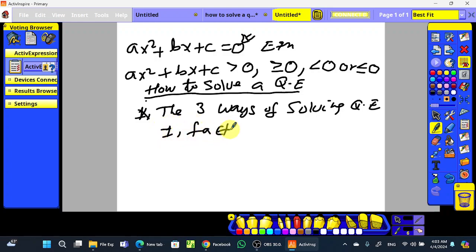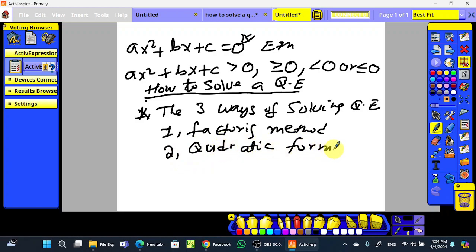Number two, the quadratic formula. Number three, the completing the square method.